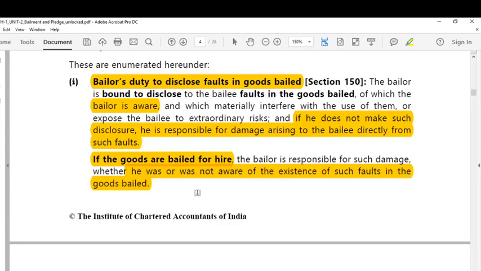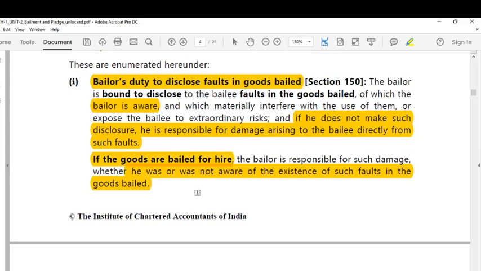So if some goods are delivered by the bailor to the bailee, whether the bailor knows the faults or not, if he does not reveal or disclose them to the bailee and because of that any damage happens to the bailee, then the bailor has to indemnify the bailee.